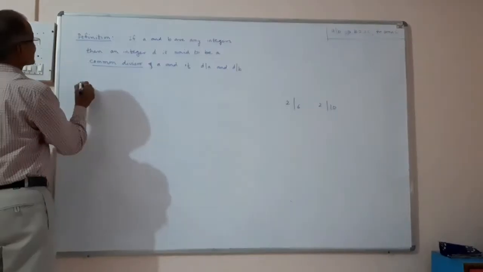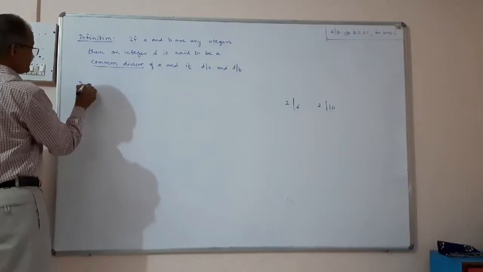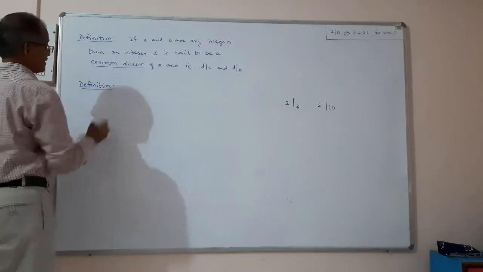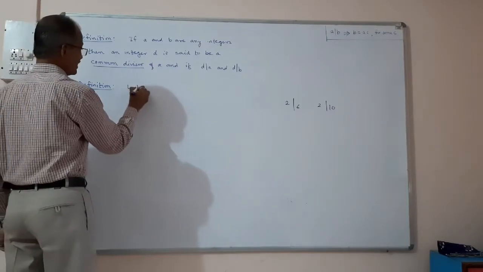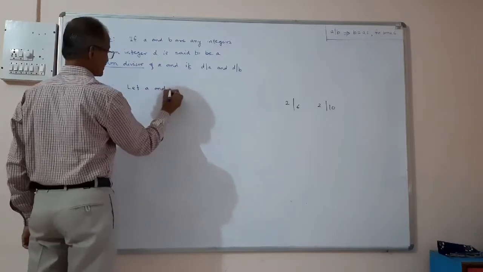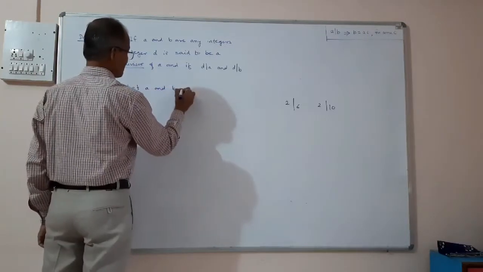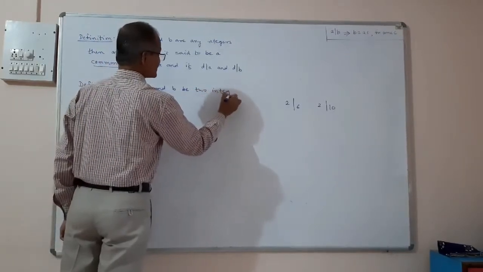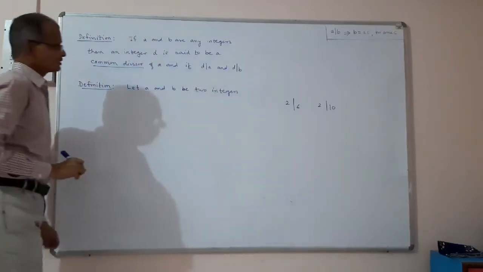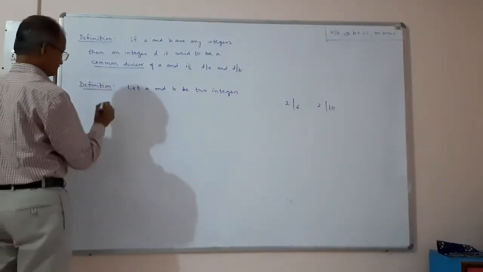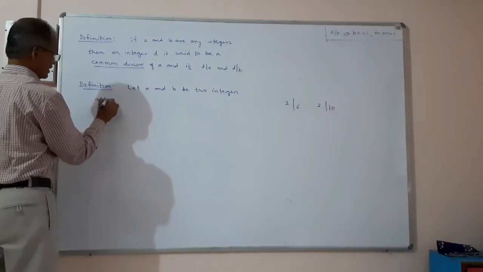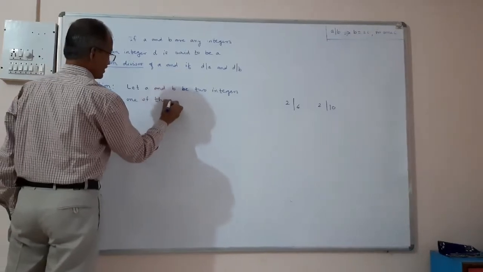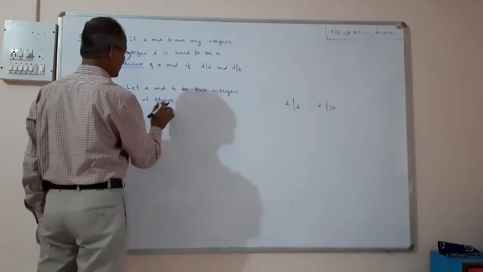Now we shall consider next definition for greatest common divisor. Let a and b be two integers, at least one of them is non-zero.